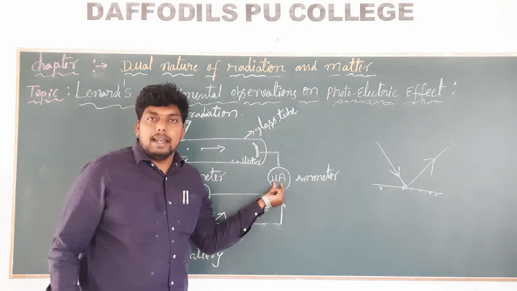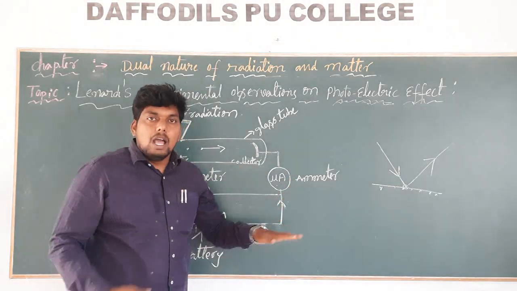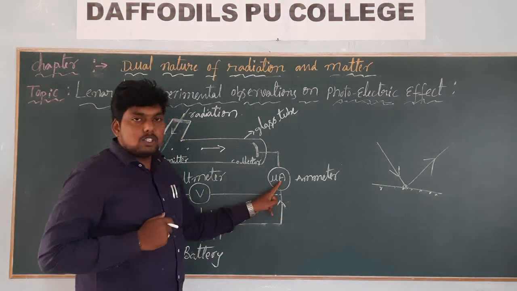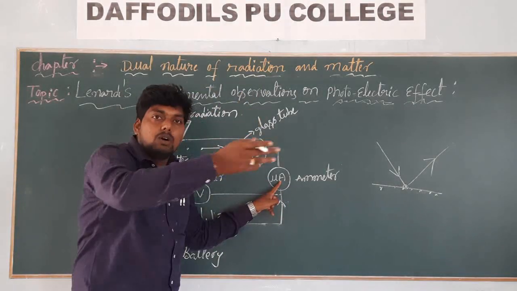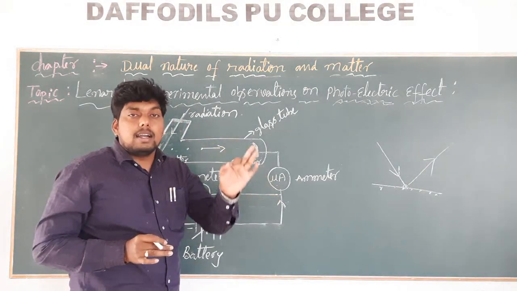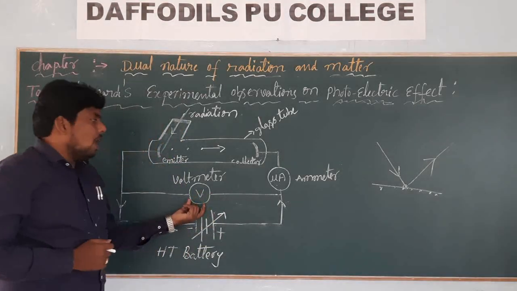To observe whether electric current is there in the circuit or not, we have to check the ammeter. If the ammeter shows 0 deflection, the electric current is 0. If it is other than 0, electric current is flowing in the circuit. Potential difference is measured by the voltmeter.